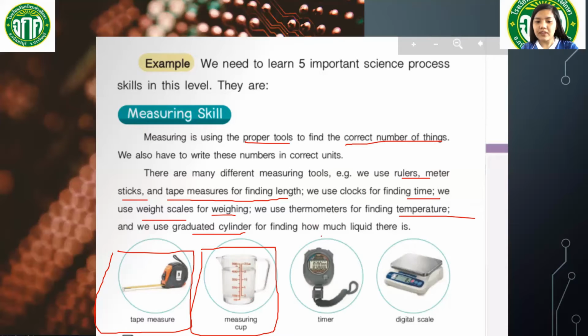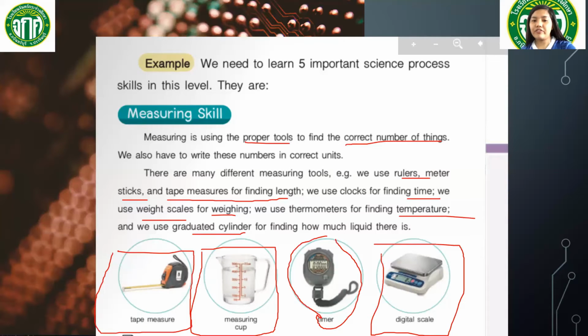Next, we have a timer. You use a timer for timing a race. And we have a digital scale. So we have here examples of how we are going to use these tools.